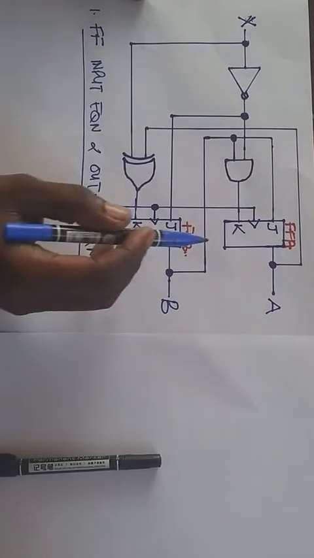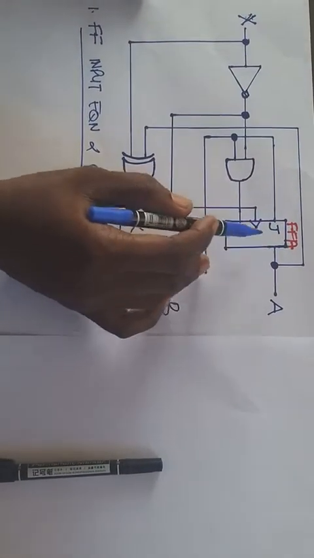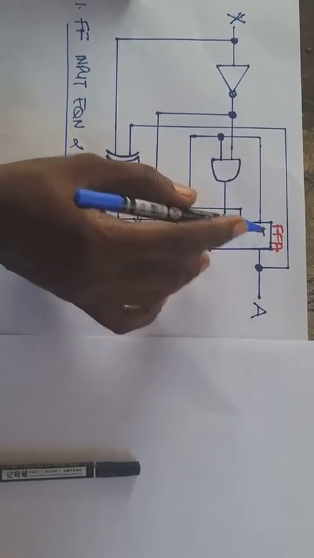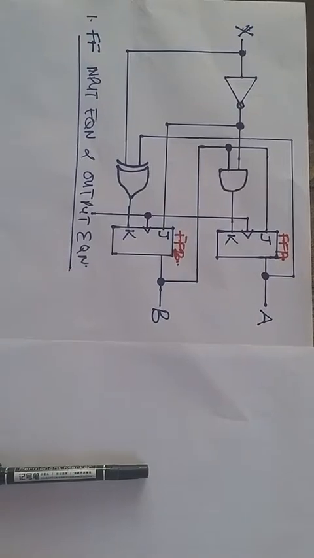So let's see, we have JA, which is the input here, but let's analyze it well.